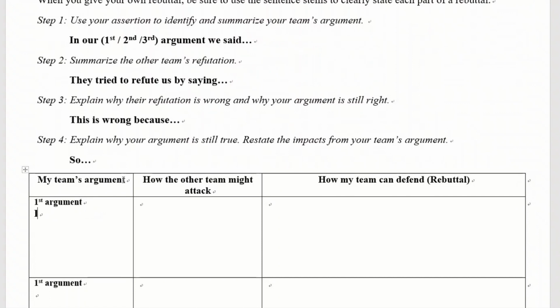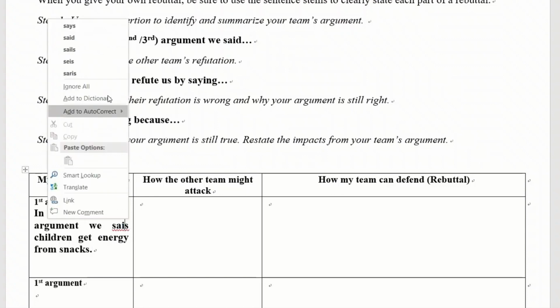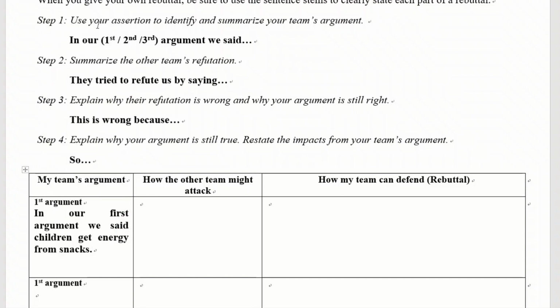So, in our first argument, we said children get energy from snacks. Okay? We said. So, our team's assertion to identify and summarize team's arguments.